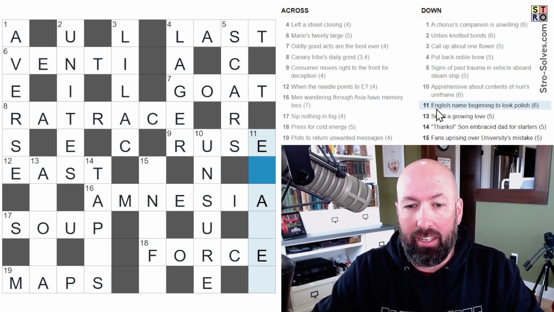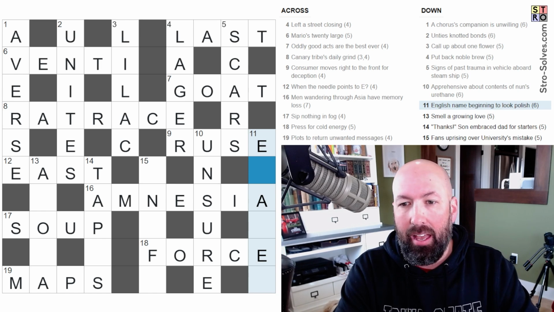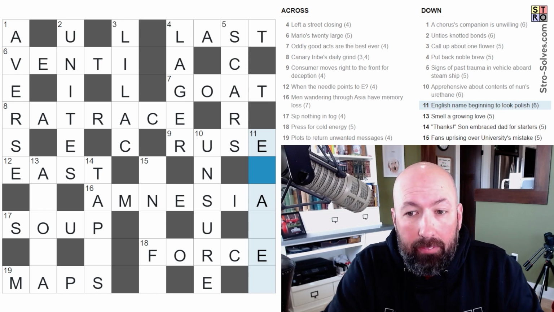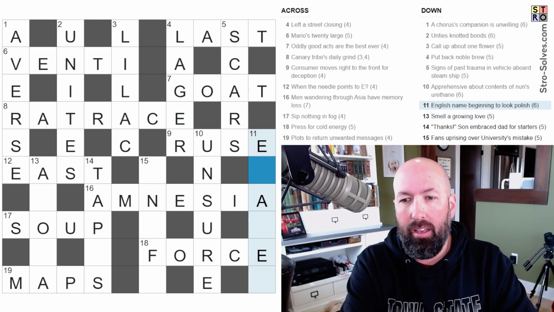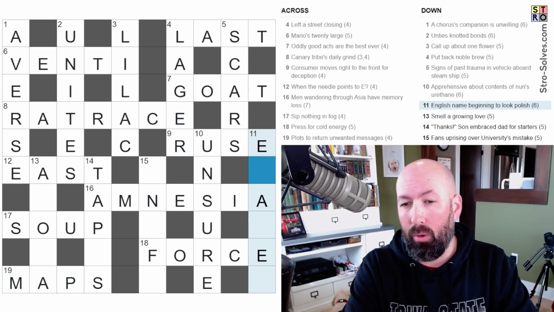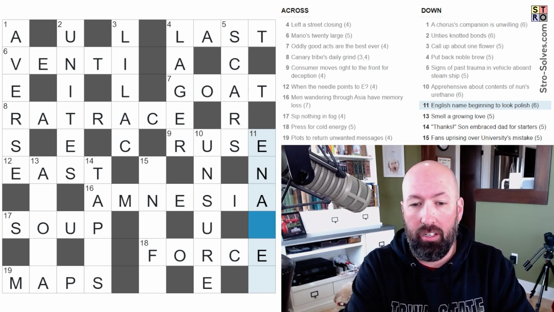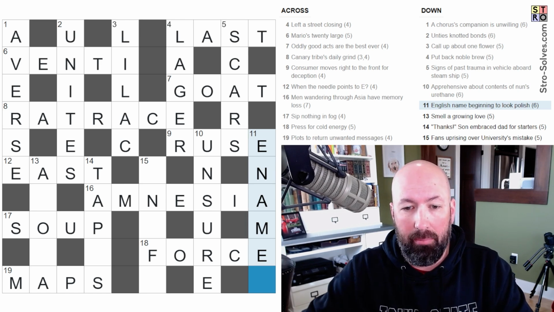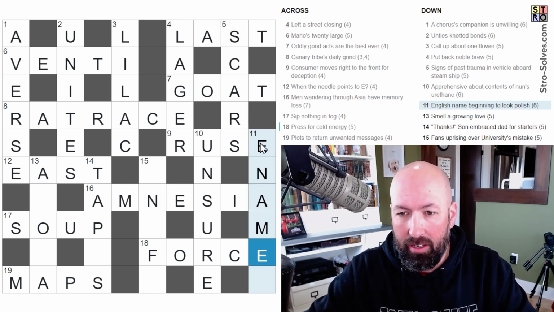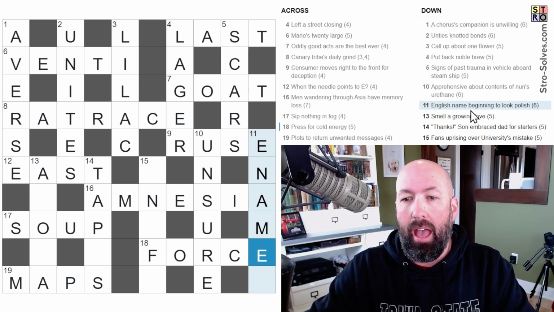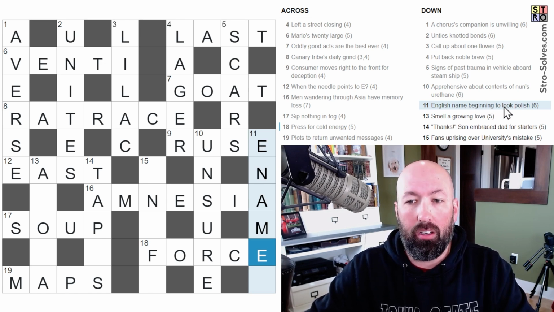Now, English can often be abbreviated as just the letter E. That is an acceptable abbreviation. It's used a lot that way. I have seen it as EN as well, but in this case, we're using the E, and then we're just literally doing the word name. We're not even doing anything clever with the word name. It's just the letter E for English, name, and then beginning to look.